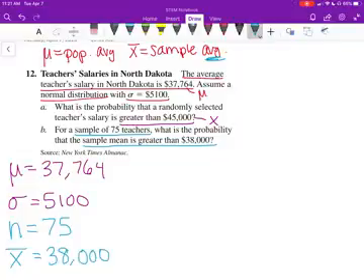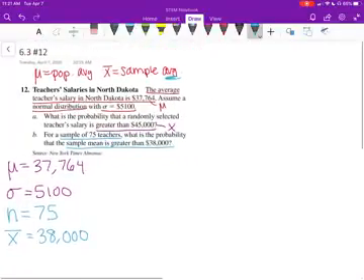That's important to distinguish the difference between central limit theorem and section 6.2 because, like I said, you have N and an X bar versus just an X. So let's draw our distribution.